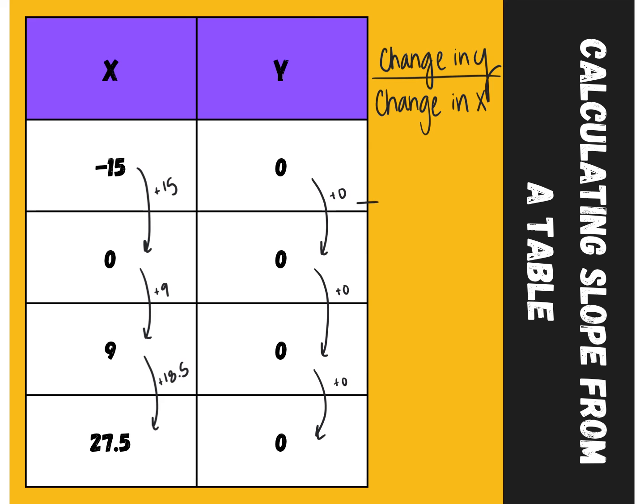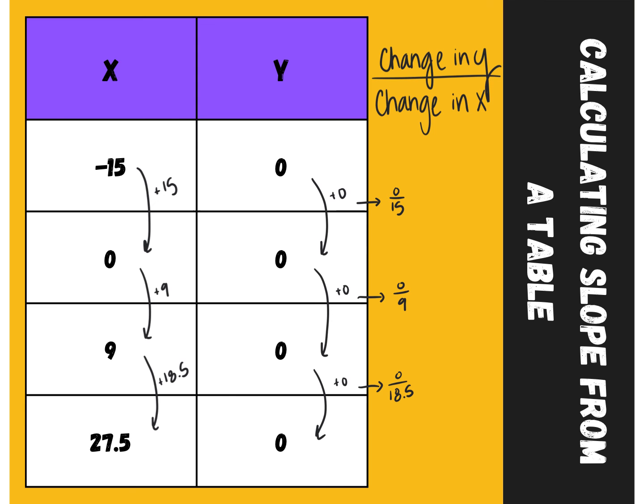Now, when I calculate my slope, I'm going to get the change in y as 0 each time. So it's 0 over 15, it's 0 over 9, and it's 0 over 18.5. Now, what does that mean? Hopefully you know that you can't divide something by 0, but in this case, I'm dividing 0 by something else.